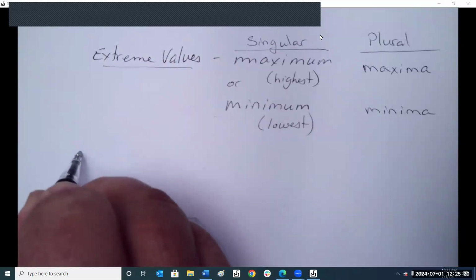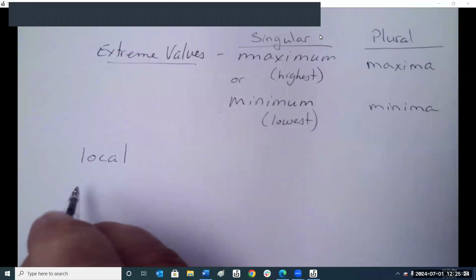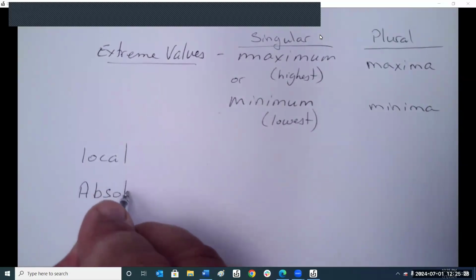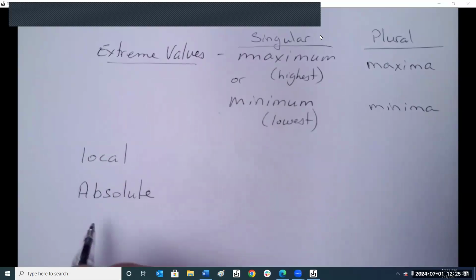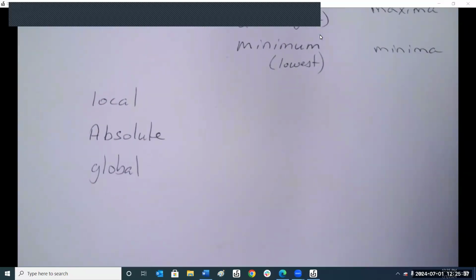We can either have local, absolute, or global. These two are really the same thing.